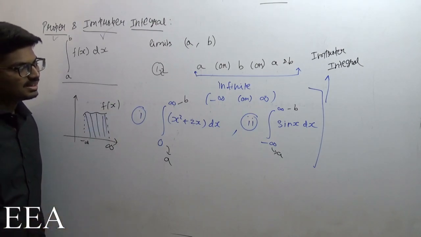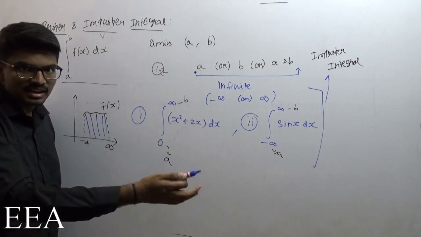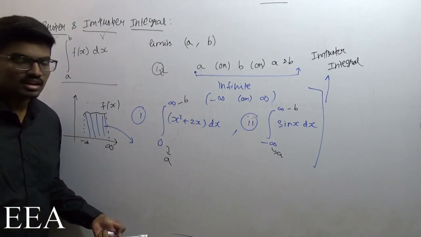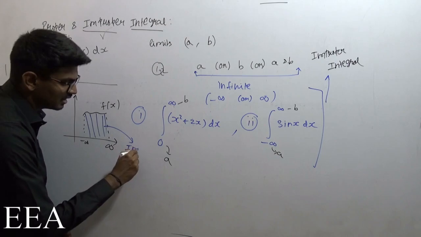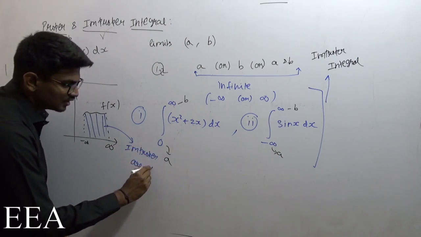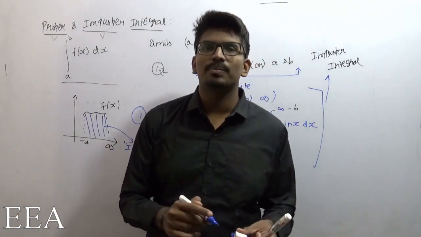So if I define any limits between minus infinity or infinity, any one limit becoming infinite, then this area will also be infinite. I cannot find the proper area, right? So here this is called an improper area.